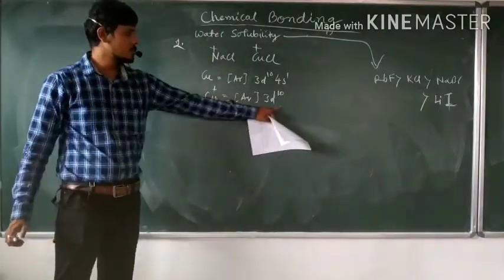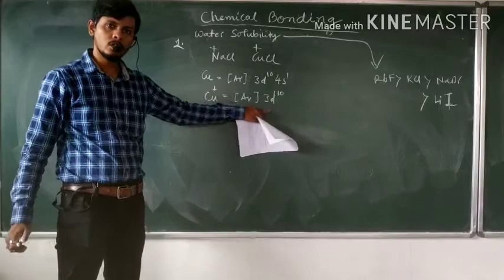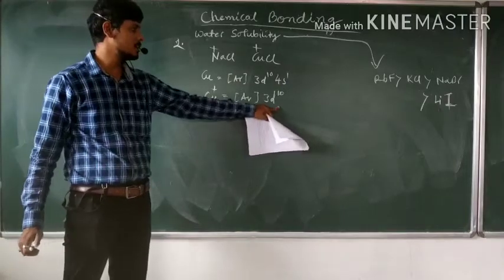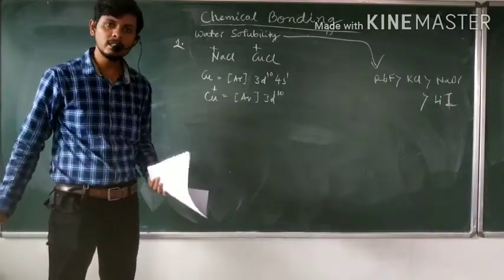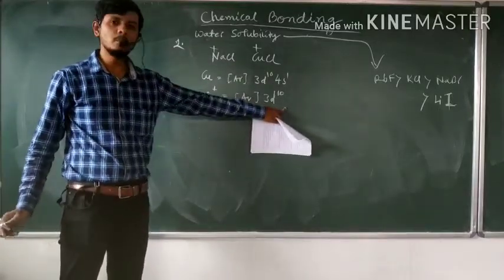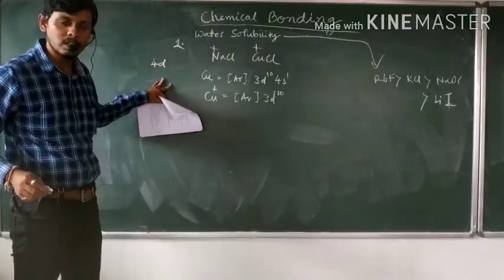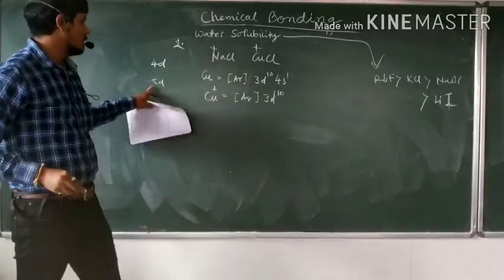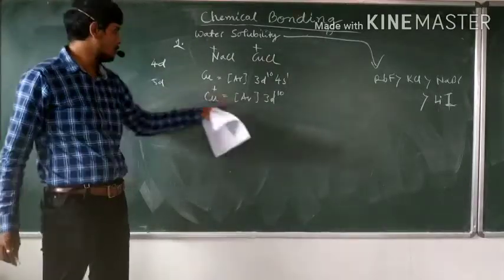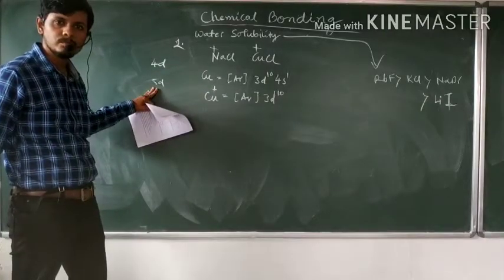Such a configuration in which all the d orbitals are filled: for the 3d series, if 3d orbitals are filled, for the 4d series, if 4d orbitals are filled, for the 5d series, if 5d orbitals are filled, that means the 3d series ends with the 3d10 configuration, the 4d series with 4d10, the 5d series with 5d10.